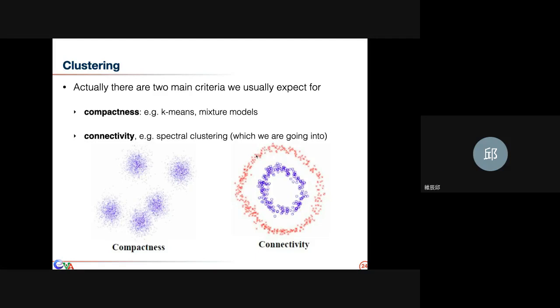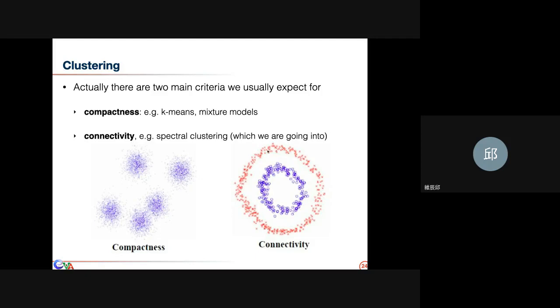So you can use this kind of strong connection to keep growing your cluster, and in the end, all the points belonging to the outer circle will be clustered into one group, and the points in the inner circle will become another one. So connectivity is a very natural and intuitive way for human beings to define clustering, right?